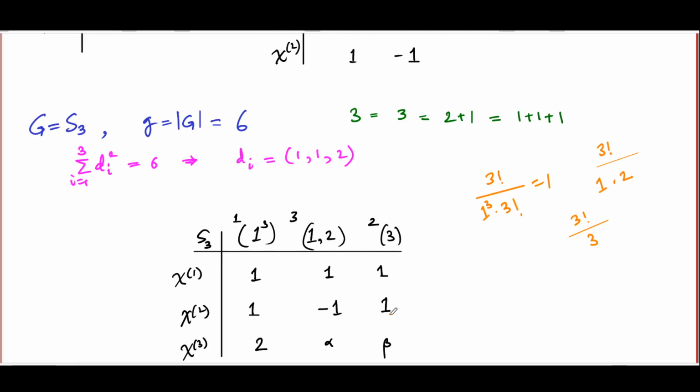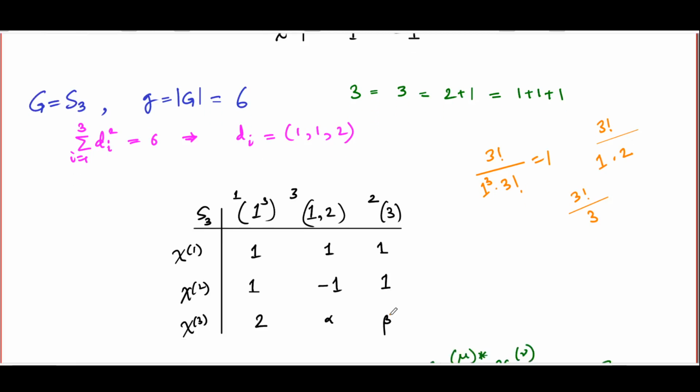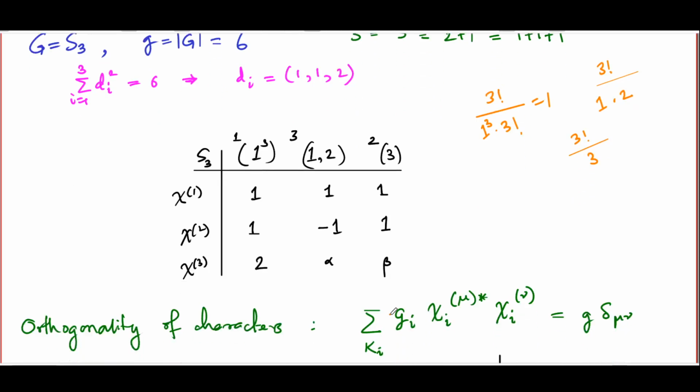Because we know that the third irrep of S3 is 2-dimensional, the entry in the first column for chi3 has to be 2. We do not know the other 2 entries as yet, so let me just call them alpha and beta. We will figure out what alpha and beta are without even working out a representation of S3, but just by looking at some basic properties.